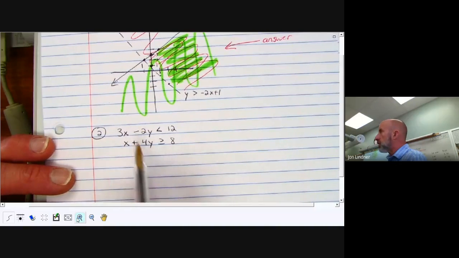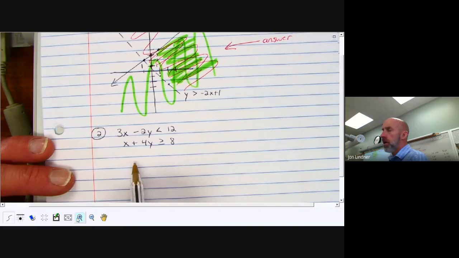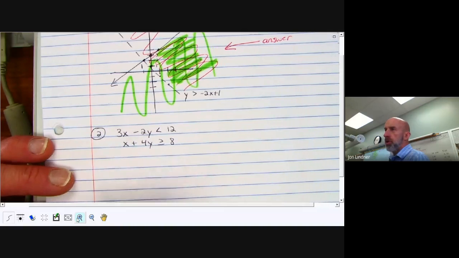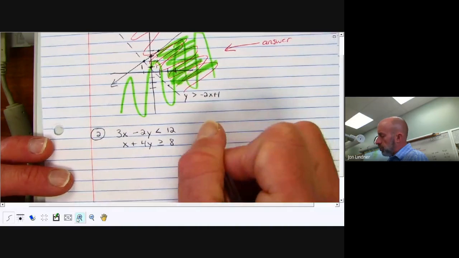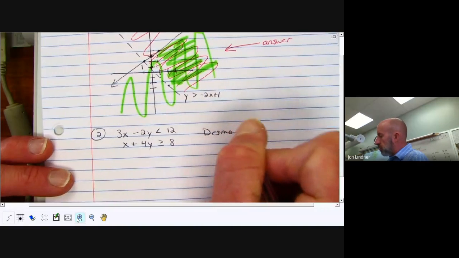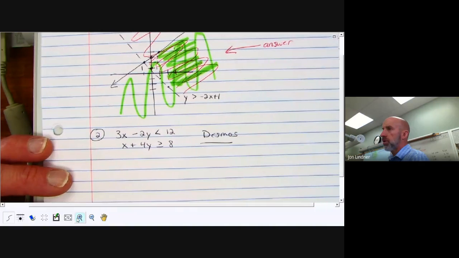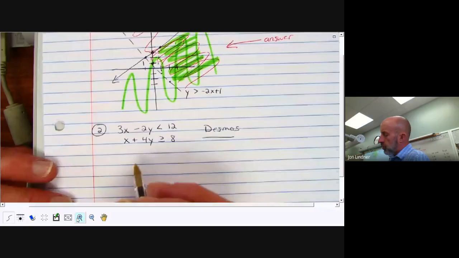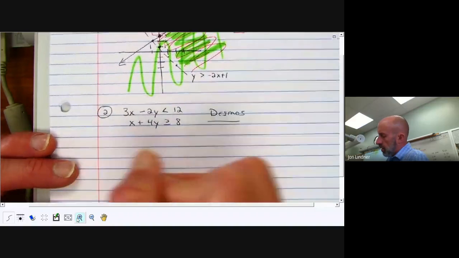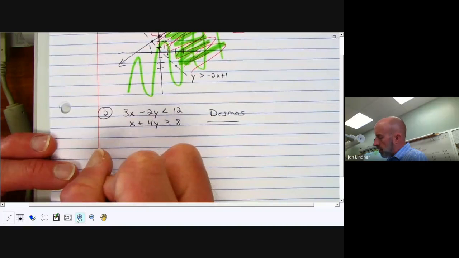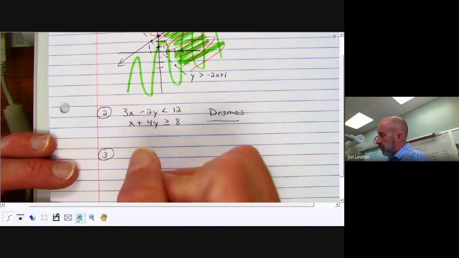These two inequalities are not in slope-intercept form yet, are they? So the ones that are like this, that are not in slope-intercept form, you can go straight to Desmos on ones like this. Straight to Desmos. Let me show you another one, though. This one you could do without Desmos.